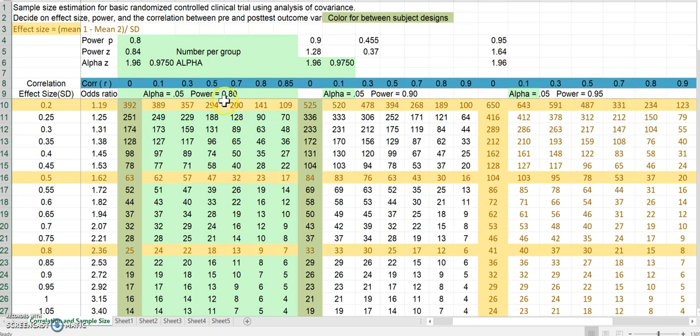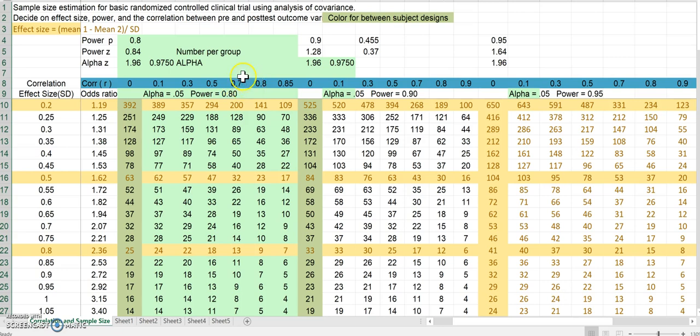Now we add one more condition to this, and that's the correlation. If the two groups are completely independent, the correlation is 0. There's no relationship between the two. As the correlation between groups increases, or as your covariate, if you add a covariate to the study, is correlated with the outcome variable, we can adjust the sample size based on the degree of correlation.